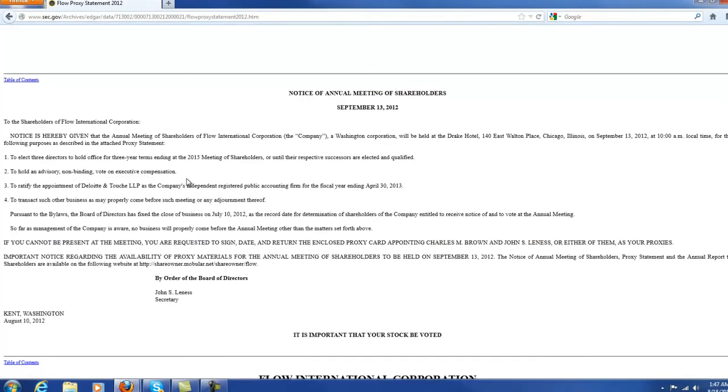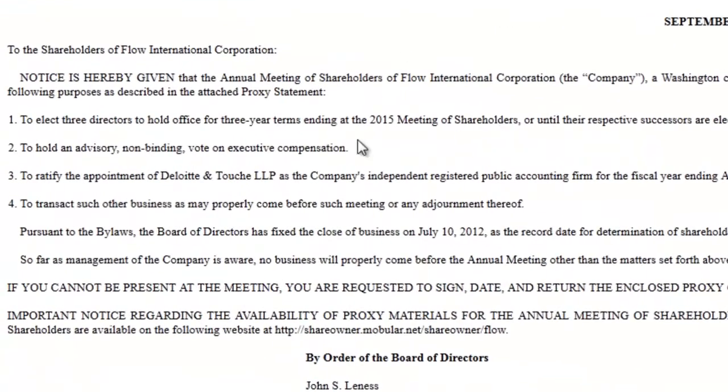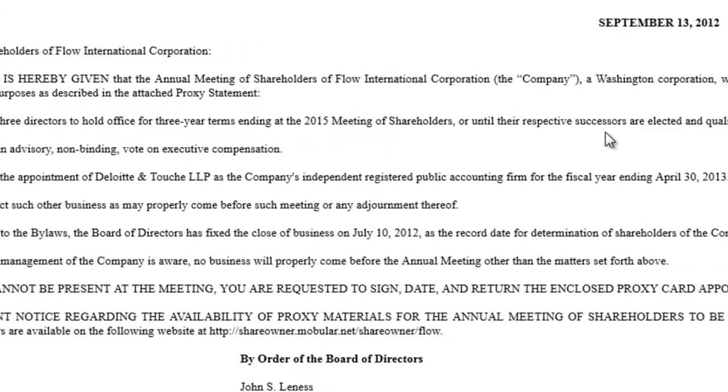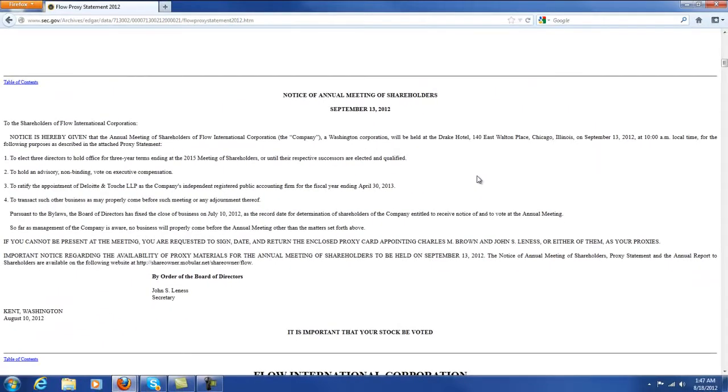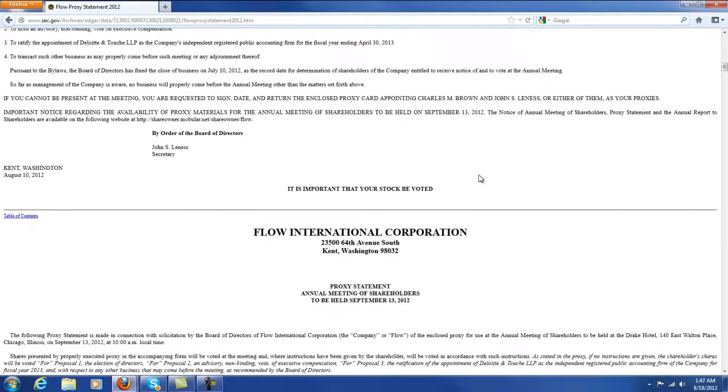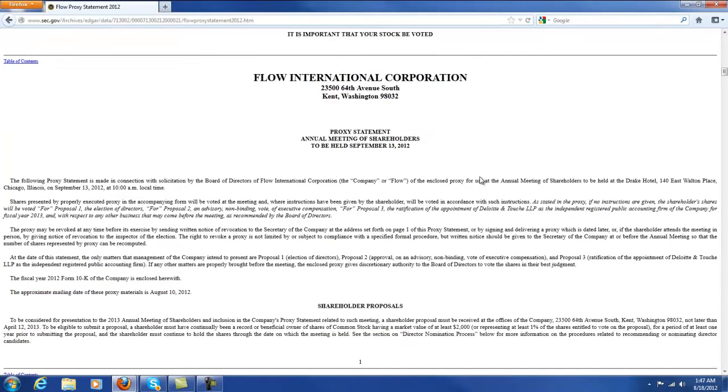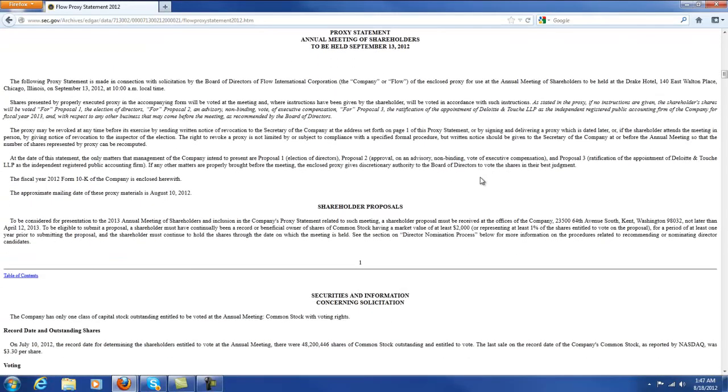In this case, they are trying to elect 3 directors to hold offices for 3 years, terms ending at the 2005 meeting of shareholders and until their respective successors are elected and qualified. So they provide instructions on how to vote, and also they provide recommendations from the management on what the management thinks shareholders should vote.